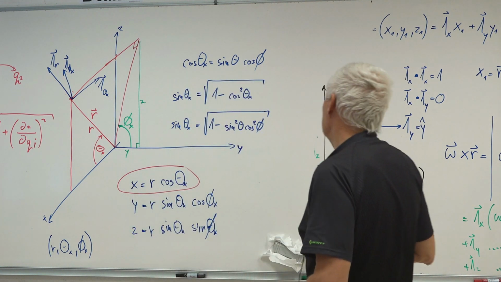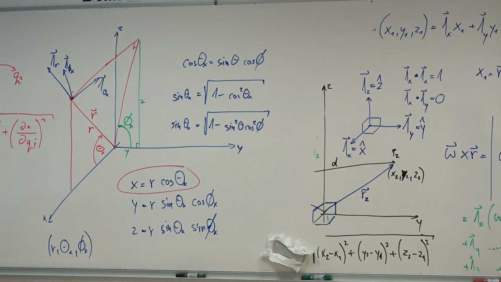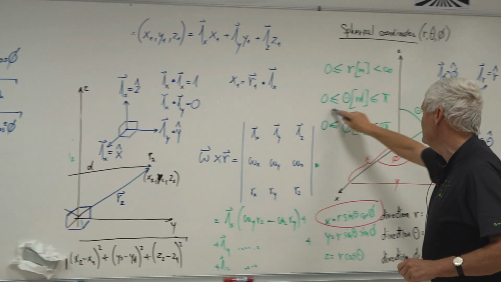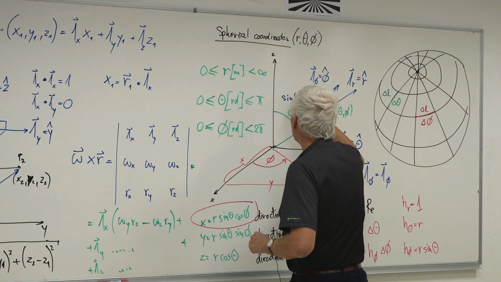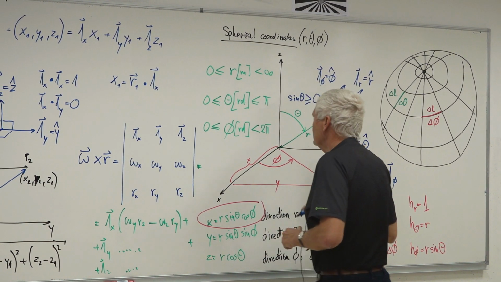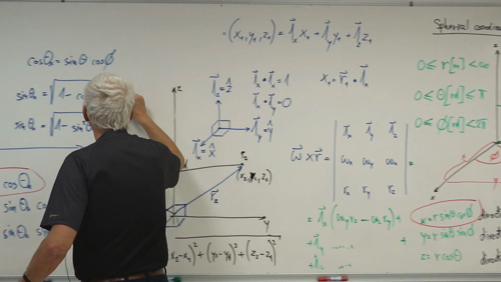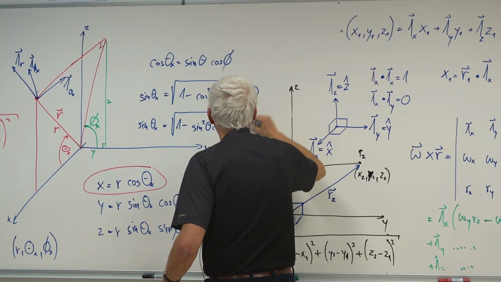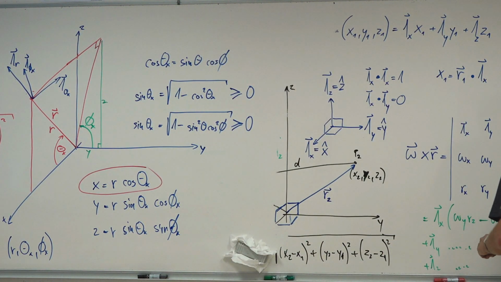An important thing to remember here, the polar distance only goes to pi. This means that sine of theta is always greater than or equal to 0. This thing is always positive. Although the square root implies positive or negative, we always have to take the positive value, because the only allowed value here is between 0 and pi. And the sine of such a theta is always positive.